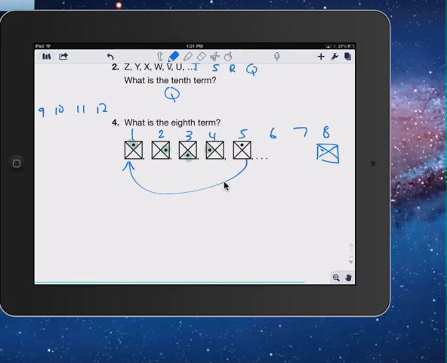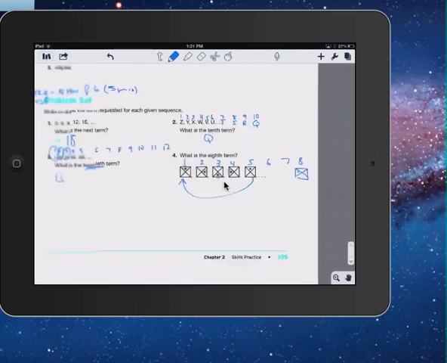So what do you think number 6 is going to be like? Number 2. The 7th has to be like number 3. They want the 8th term, so it has to be like number 4. You see that? I see.